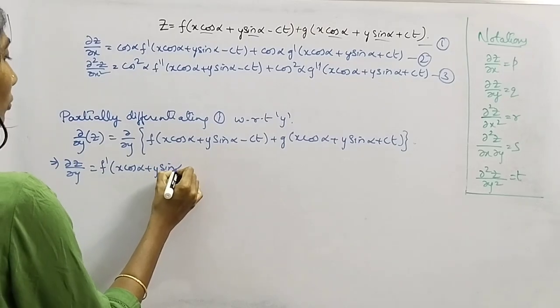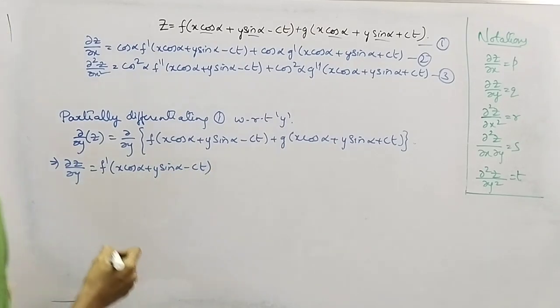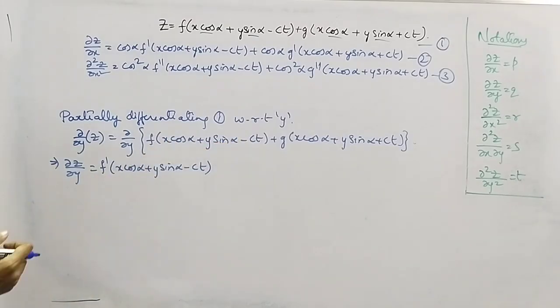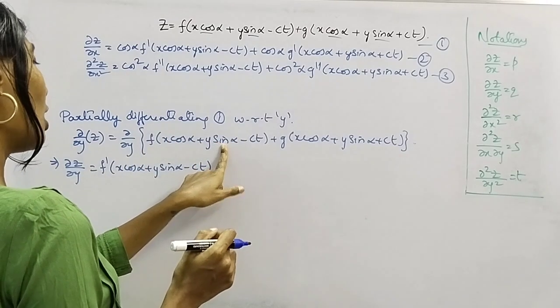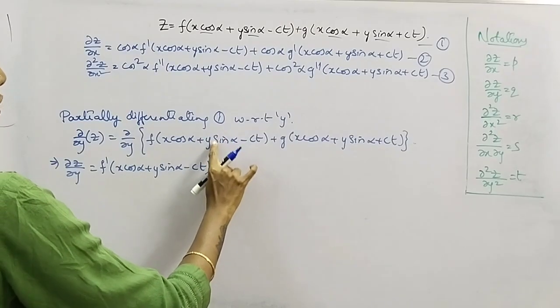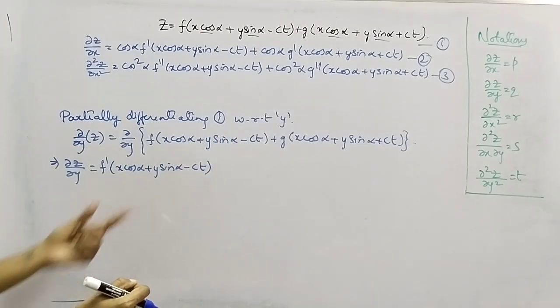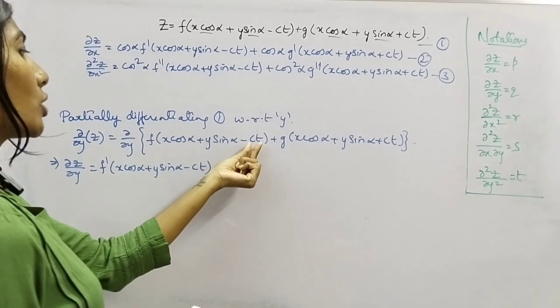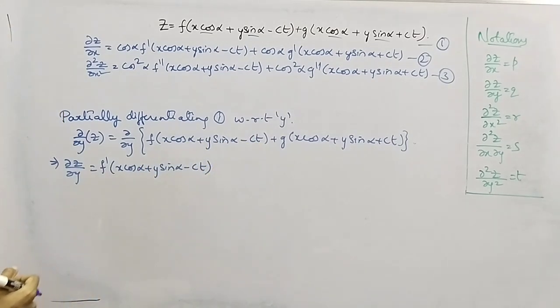into inner derivative. Instead of writing dou by dou y of all these three terms, we can just write sine alpha, because partial derivative of y with respect to y is 1. 1 into constant sine alpha gives sine alpha, and partial derivative of x cos alpha with respect to y is 0, and partial derivative of ct with respect to y is 0.